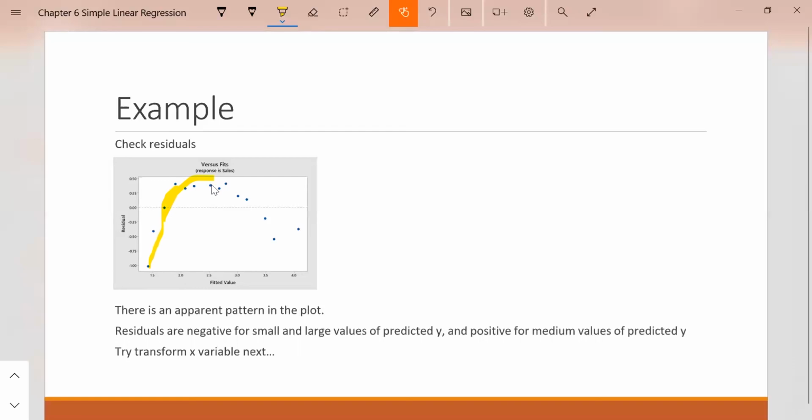Then after the peak point, the residuals start to decline as the fitted value continues to increase. Okay, and we can also see the pattern is that for small y values and large y values, the residuals are negative, and for values in the middle, residuals are positive. That's definitely some pattern we want to further investigate.